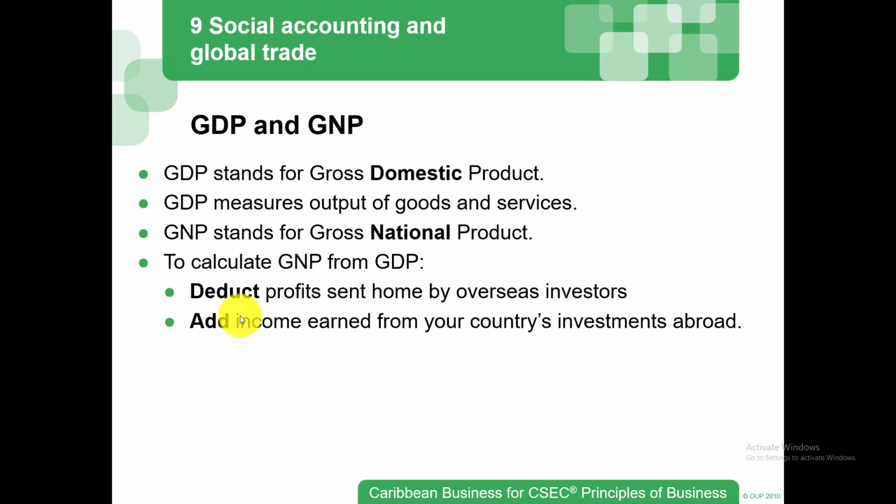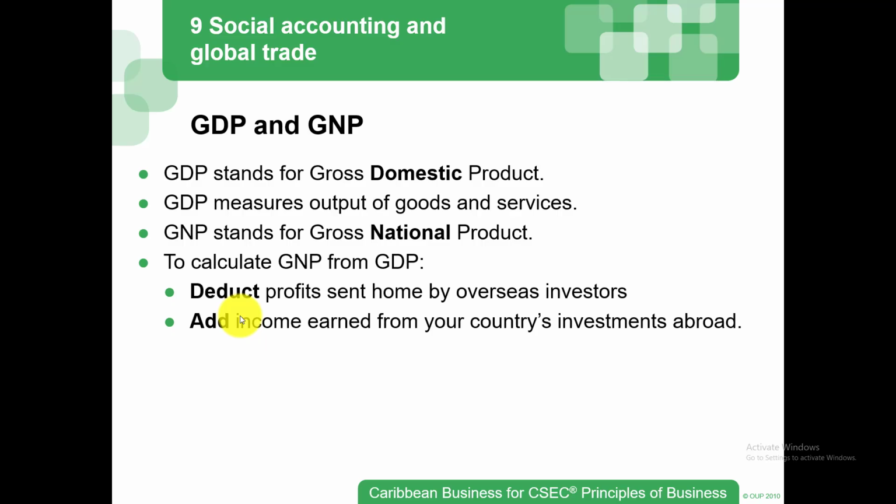So the profits from that production unit, once it is not owned by a national, if it's owned by a foreigner, then the profits from that are deducted from Jamaica's GDP. But then the income from factors of production owned by nationals who are abroad is added to the GDP of Jamaica, and that's how we get the GNP.